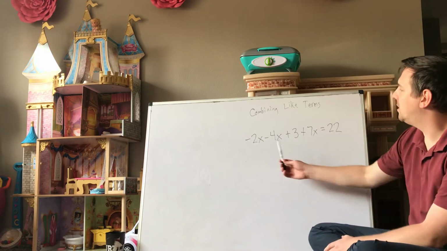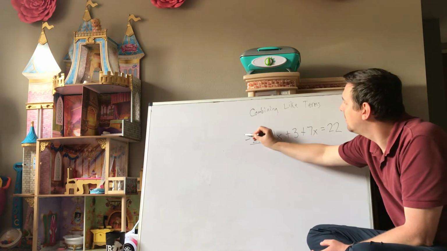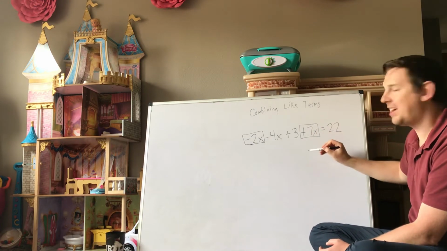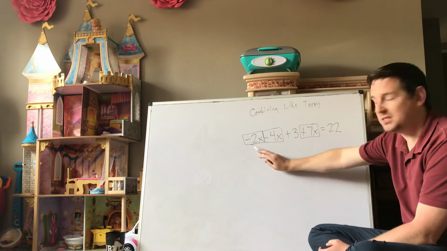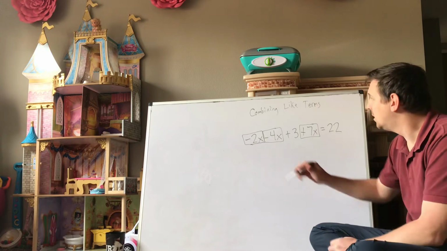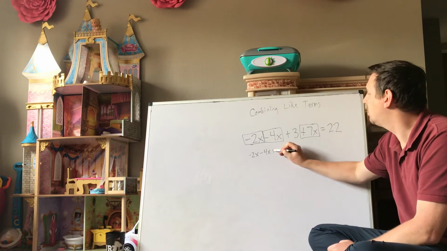I'm going to put the like terms together. That would be this one. Some kids usually find this one, but there's actually another one right here as well. Those x's can all get put together. So we have negative 2x's minus 4x's plus 7x's.